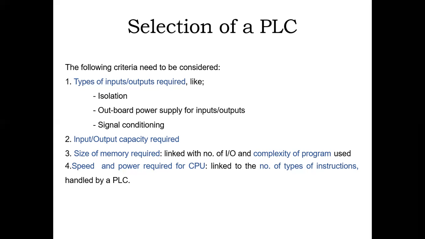Then input and output capacity required. That is, how much input we are going to give and how much output we are going to require. Then the size of the memory required, which is linked with the number of inputs and outputs and the complexity of the program used. Memory is the main concept, because we use different kinds of memory: ROM, RAM, and some registers.